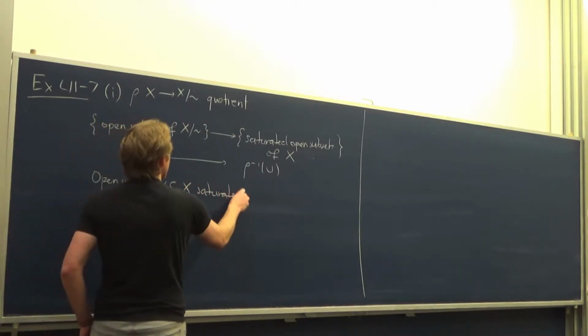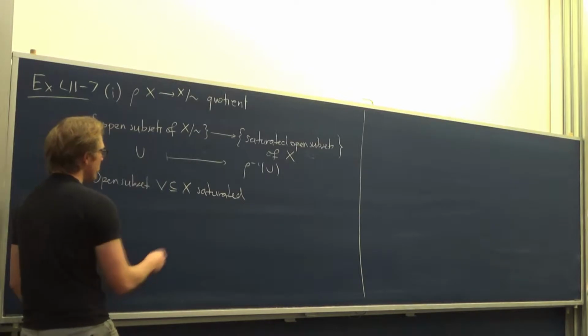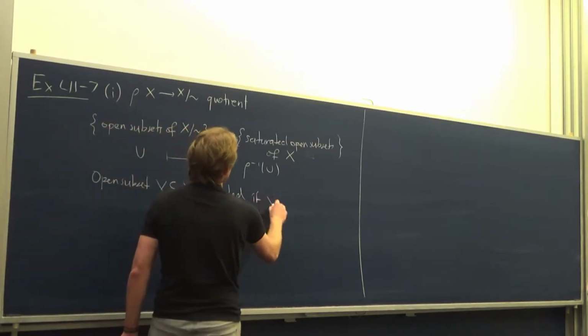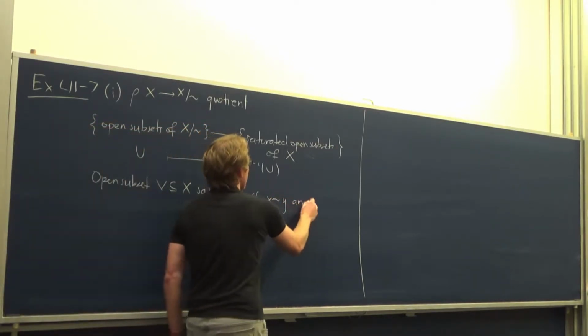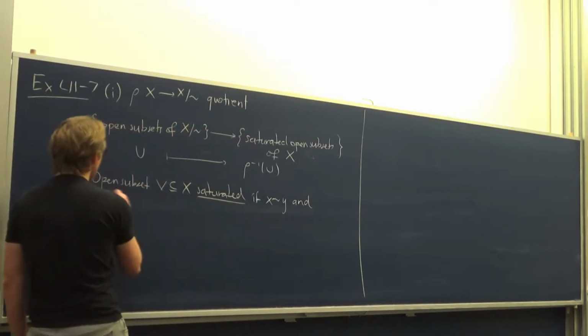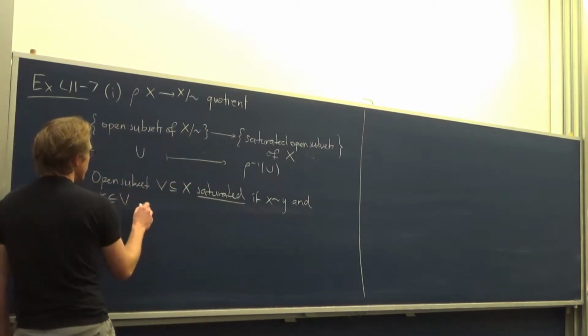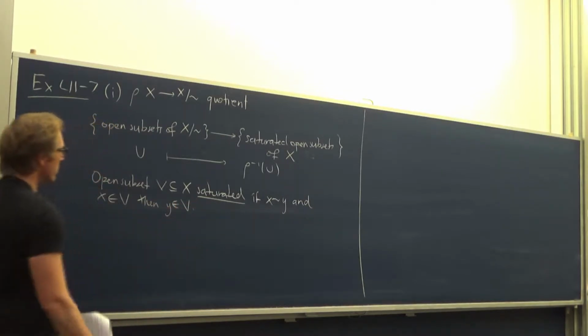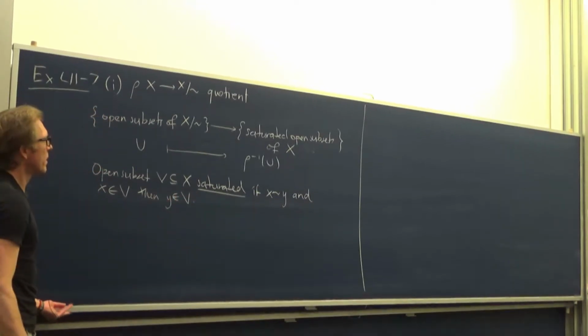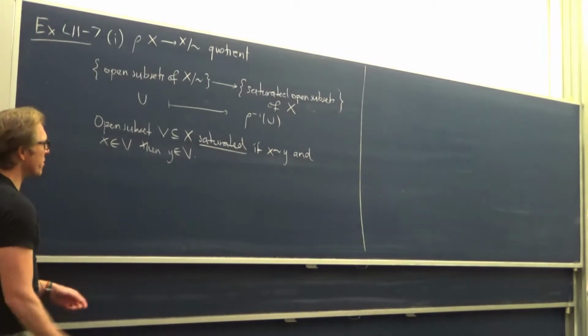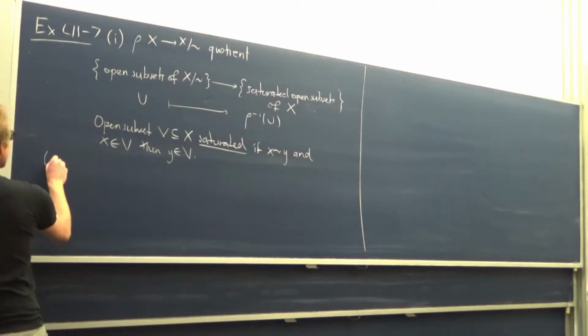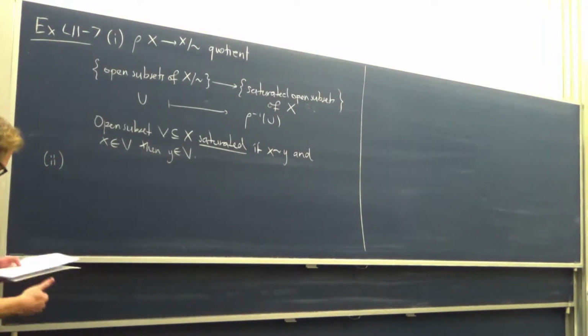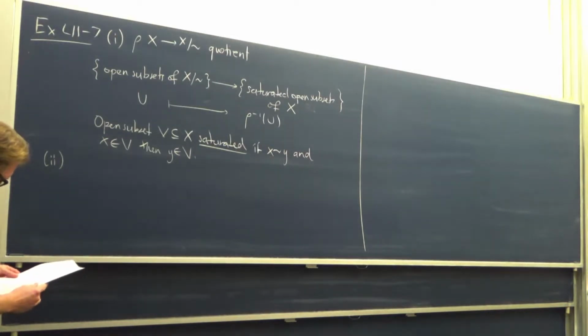Now saturated is with respect to this equivalence relation, if whenever you have a pair which is in the equivalence relation and one element of the pair is in V, then the other element of the pair is also in V. Okay? It's clear that the inverse image of an open subset is saturated, and if you think about it, you'll see every saturated open subset is the inverse image of, in fact, its image under rho.